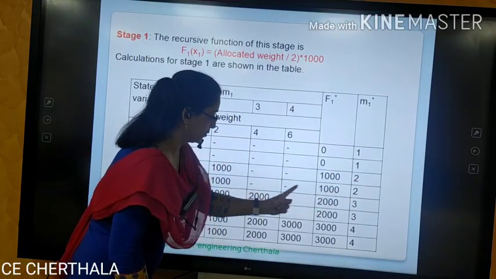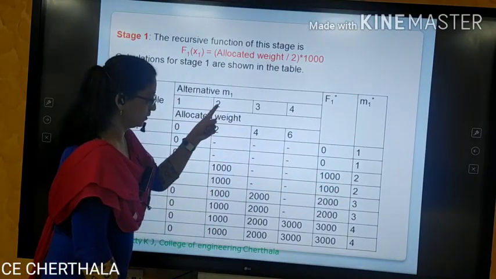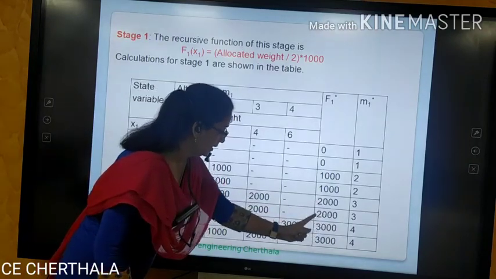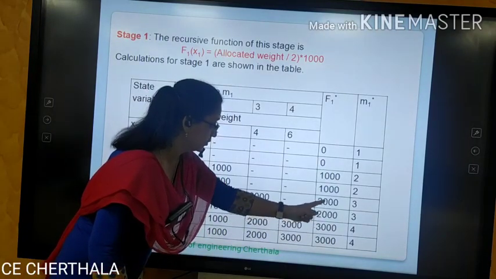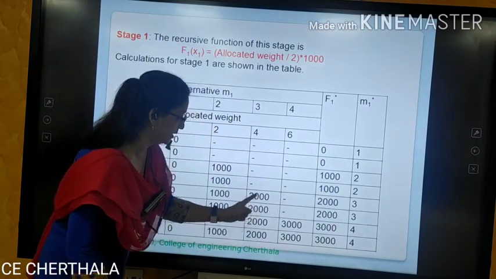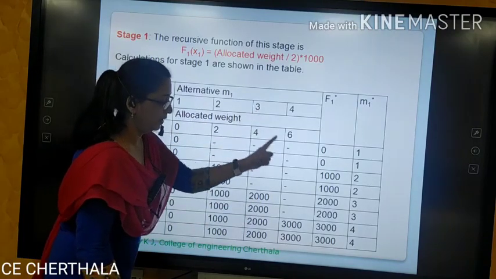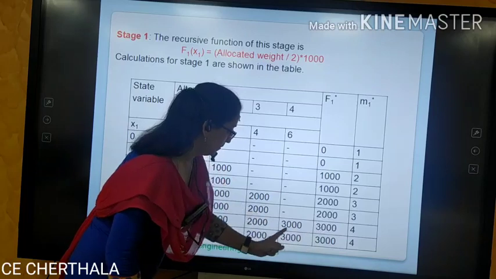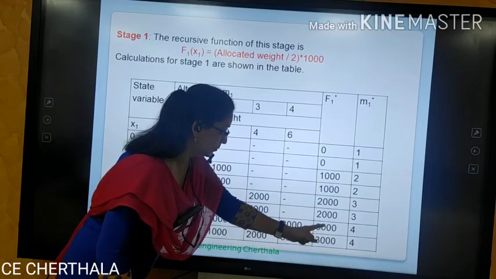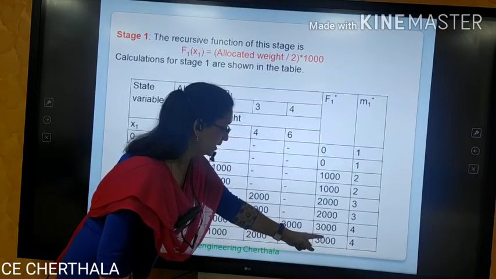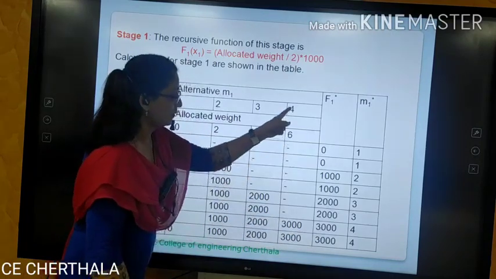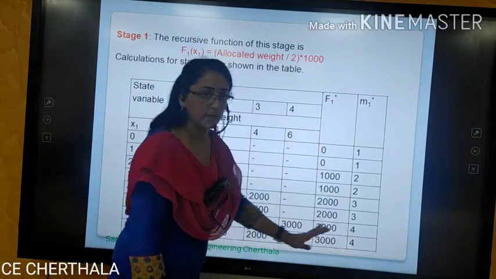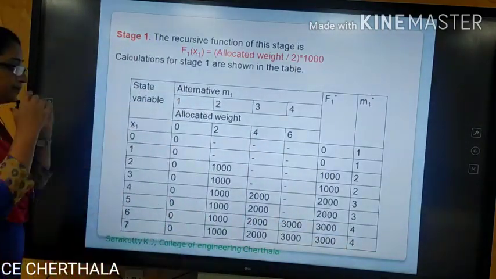The next 1000 is also the second alternative. Then here it is 2000. These two rows having 2000, 2000 is corresponding to the third alternative. Then here the maximum is 3000. Here both the cells having 3000. 3000 is corresponding to the fourth alternative. So stage 1 is over.